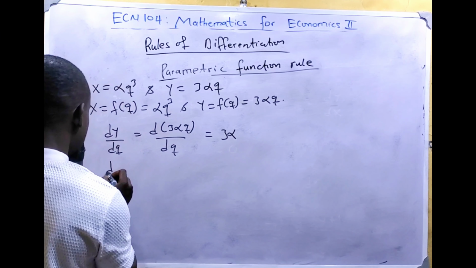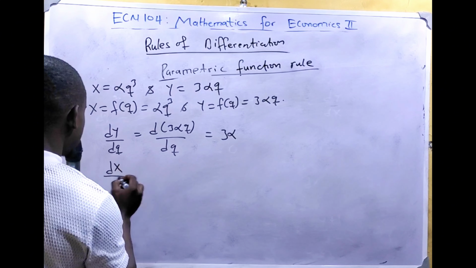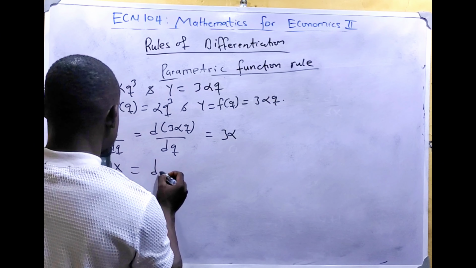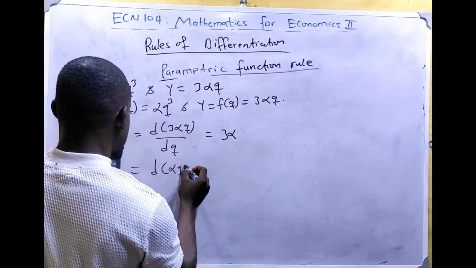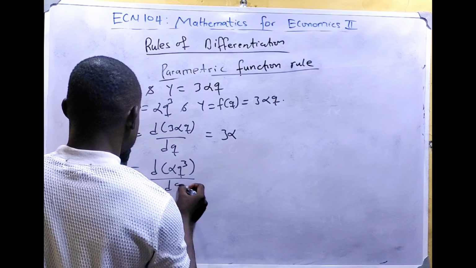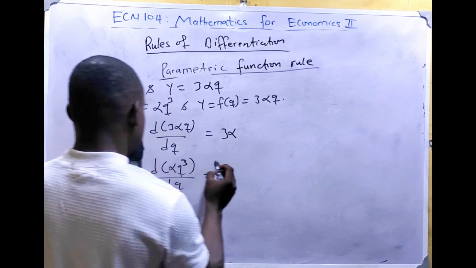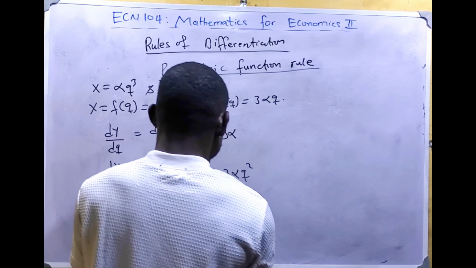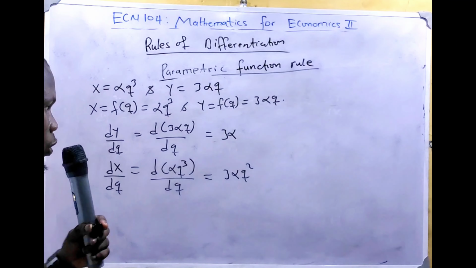Also, you find the derivative of x with respect to q, which is your dx dq, the derivative of alpha q raised to power 3 with respect to q. And this will equal 3 alpha q square when you apply your power function rule.